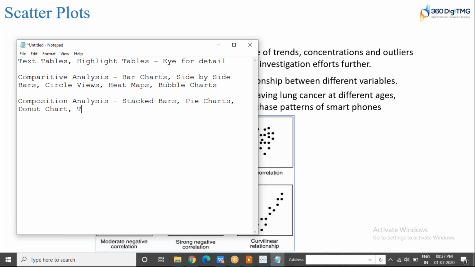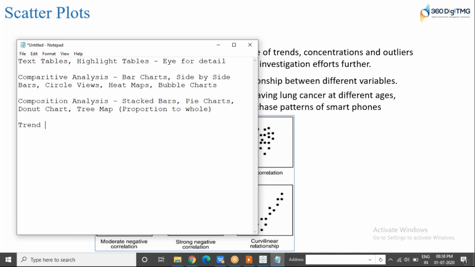And what we saw yesterday, the tree map, which shows proportion to whole, and is especially amazing with hierarchical data. So under composition analysis, these things will come.